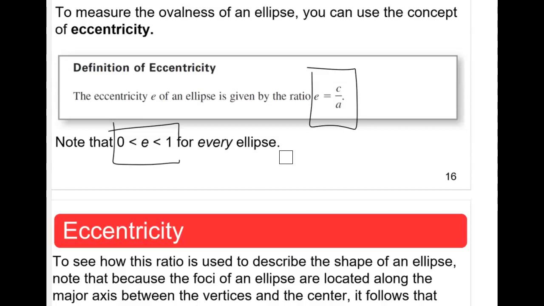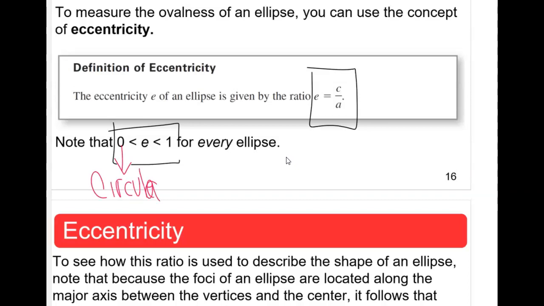And, okay, this might sound a little weird, but if a and c were equal, I'm not sure, maybe it will be a line. But if the eccentricity was close to 0, the closer it gets to 0, the more circular it gets.